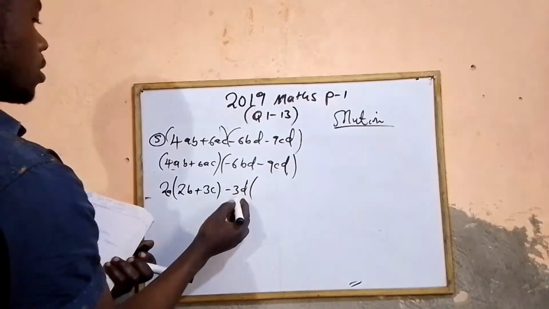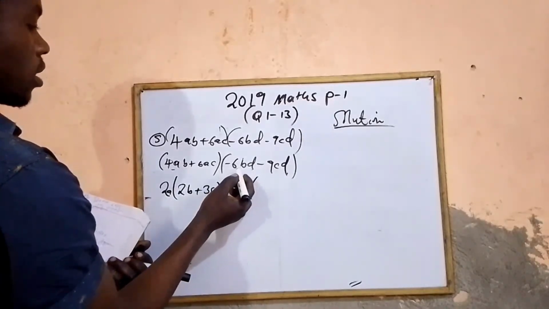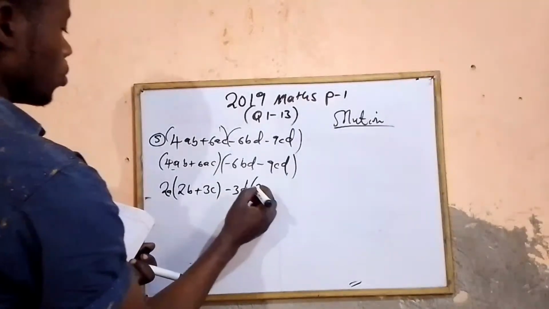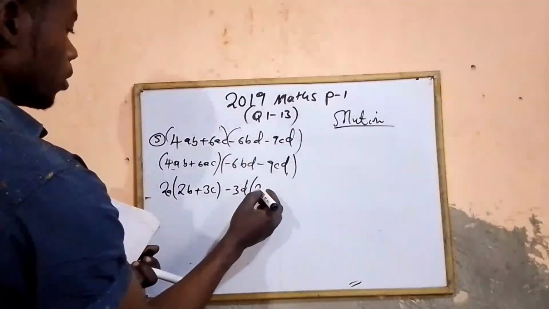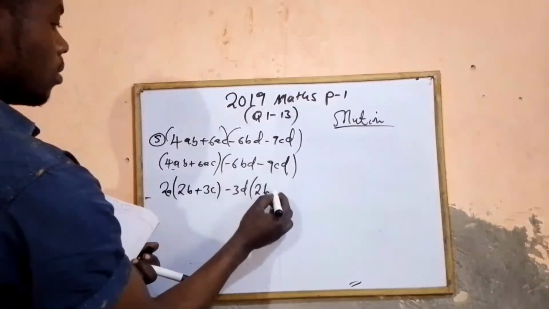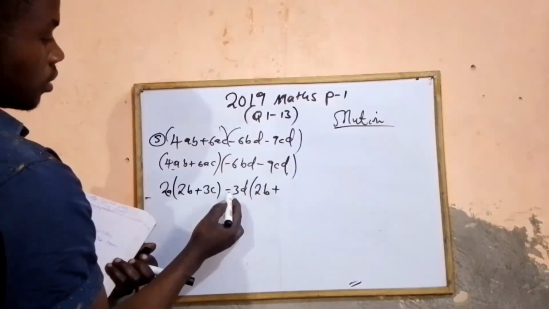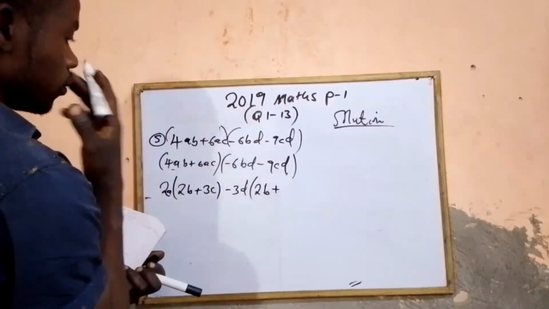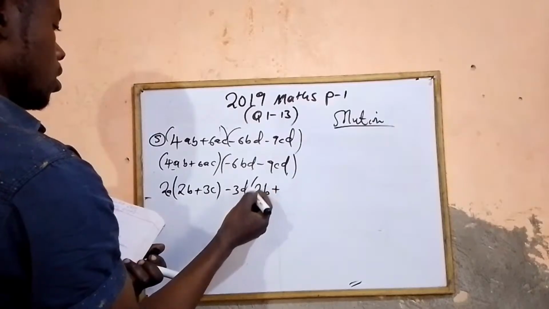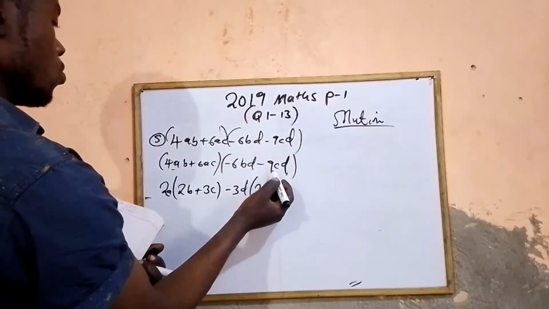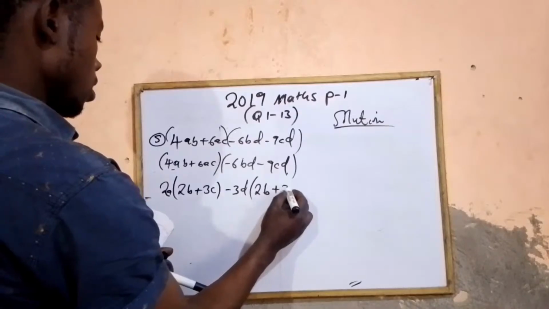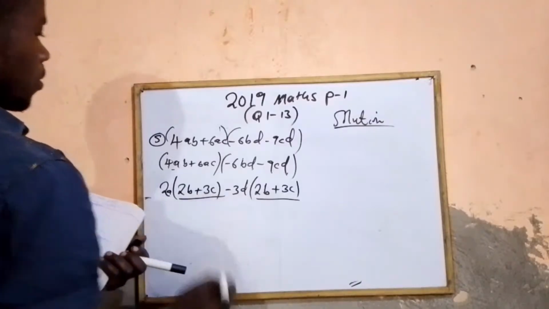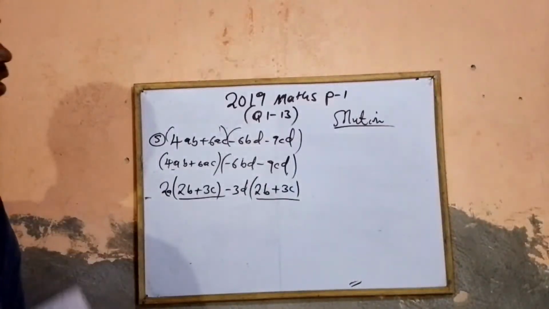Okay, in which negative 3d into negative 6bd, you are going to remain with 2b. Then plus, because of this negative here, the sign changes to positive, because negative times negative is positive. Then here negative 3d into negative 9cd, you're going to have 3c. So if you can see, these terms are equal, so that means you are on the right path.